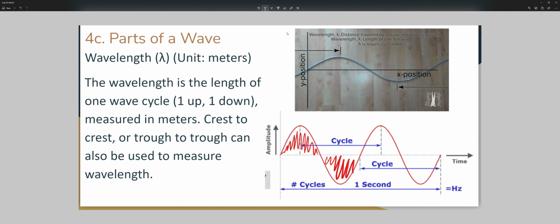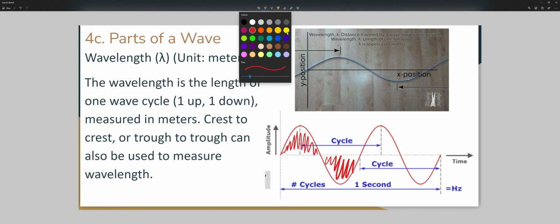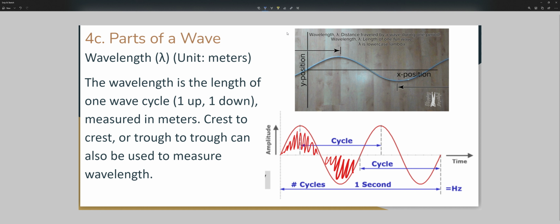Actually it'd be better if I use a different color. So over here, that's one up, one down, and this would be one wave cycle. This would be the wavelength of the wave, and we call this symbol lambda.